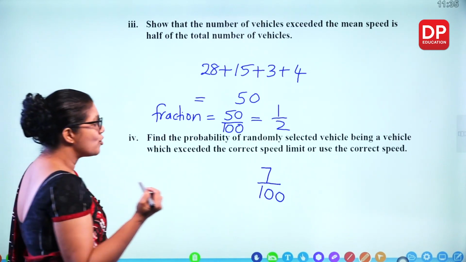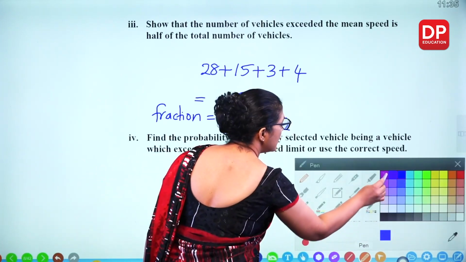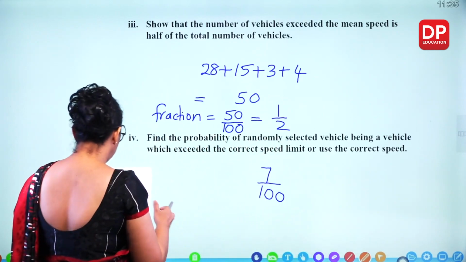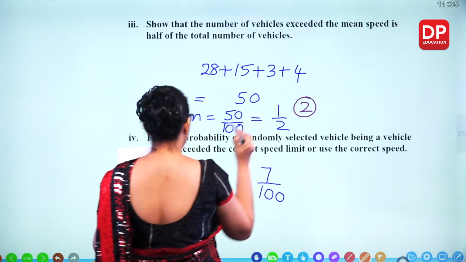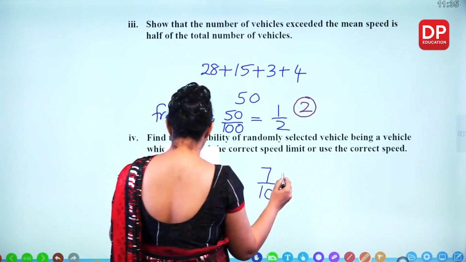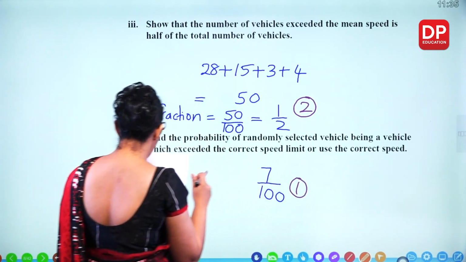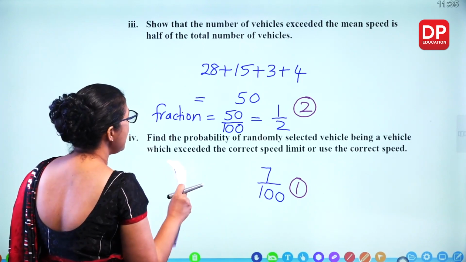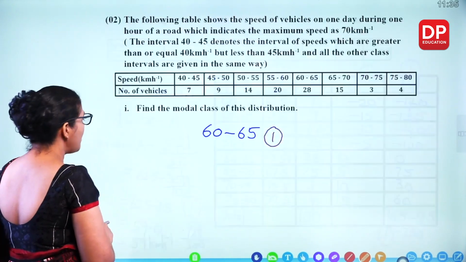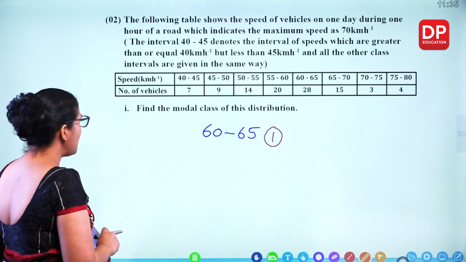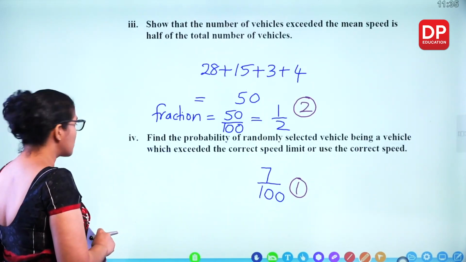So we'll see how you get marks for these two parts. You get 2 marks for this half and 7 over 100, 1 mark. So altogether, 2 plus 1, 3 and 6, 9 and 1 mark here, 10 marks altogether.